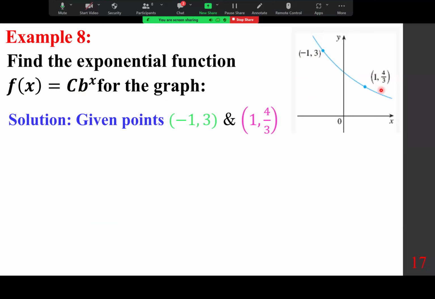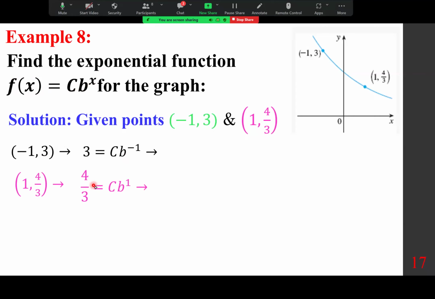So we use, for example, -1, 3, which means replace the x with -1 and y, which is f of x, with 3. So 3 is cb to the power of -1. If we use this one, replace the x with 1 and f of x or y with 4/3.